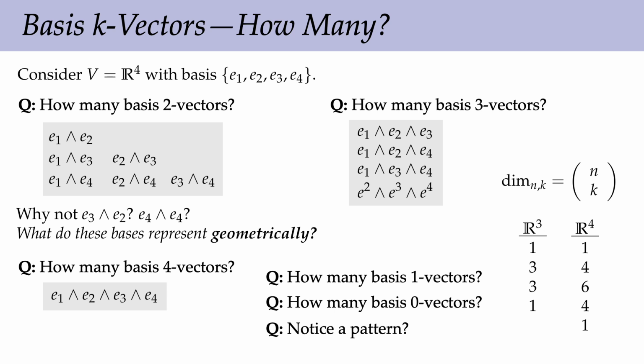In n-dimensional space, I have n basis vectors, and I can only wedge together k distinct basis vectors to get a distinct basis k vector. Okay, useful little fact.